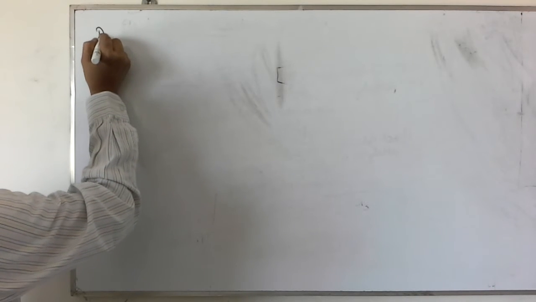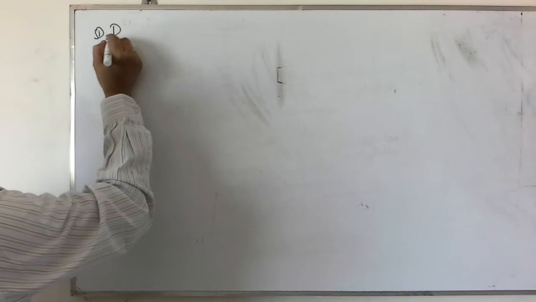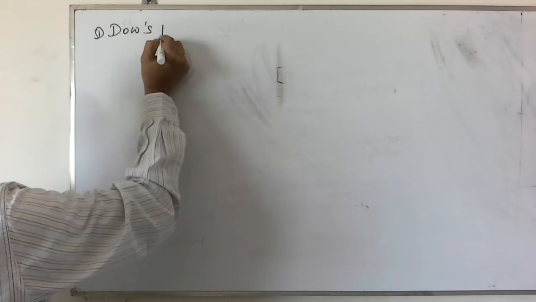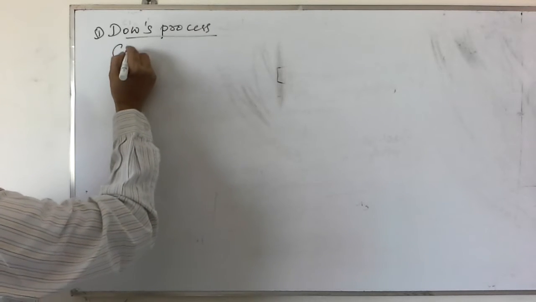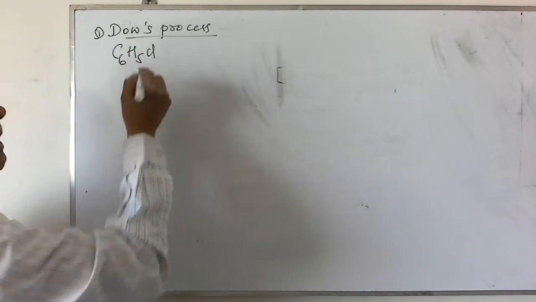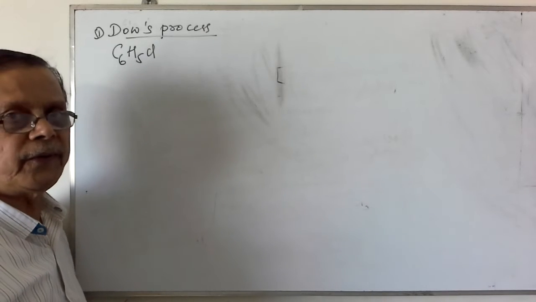So we have this Dow process. In this case, this C6H5Cl. Instead of writing the benzene ring as such, I will write simply C6H5Cl.